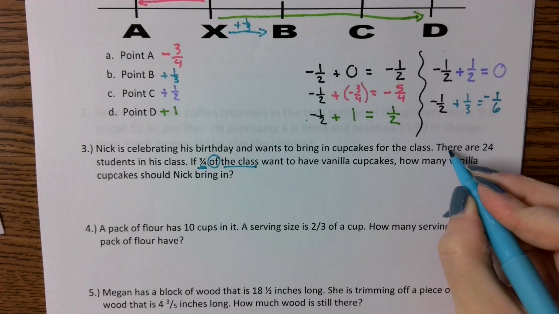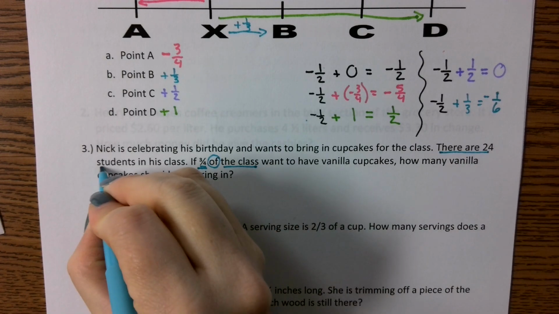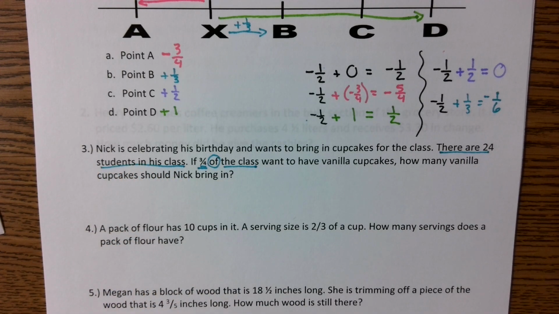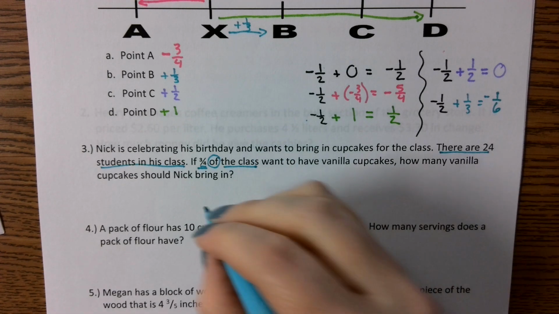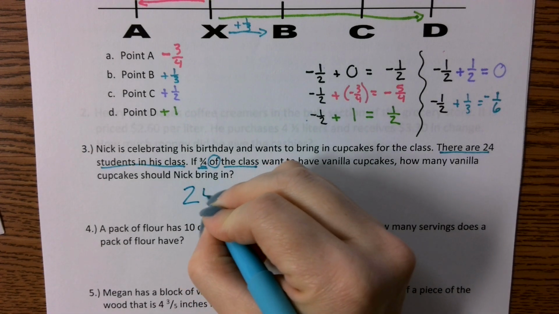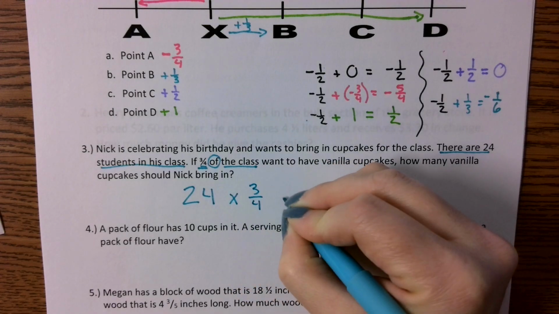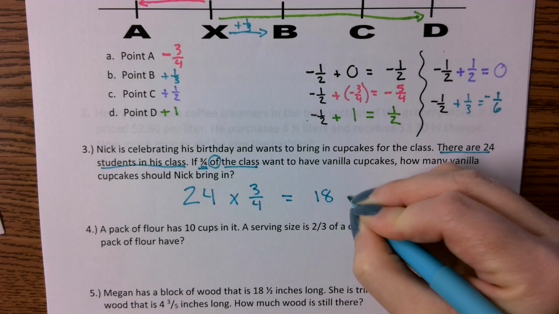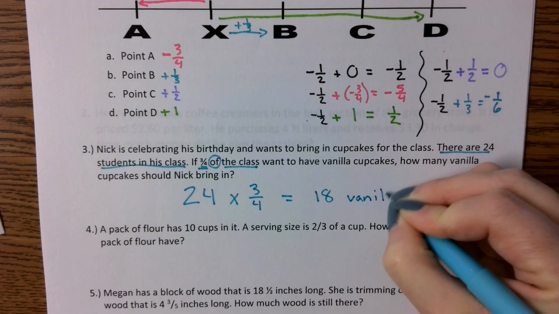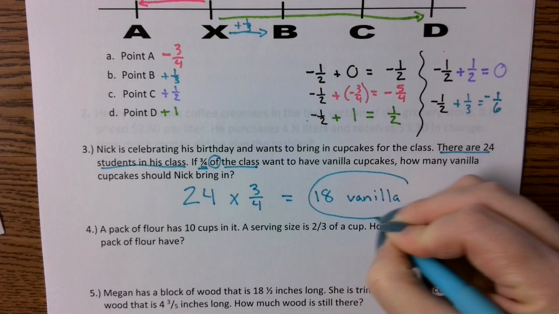Okay, we're multiplying. We know how many students are in the class. We want to find 3/4 of that value. So we're taking 24 and multiplying by 3/4, and that's going to equal 18 vanilla. We want 18 vanilla cupcakes.